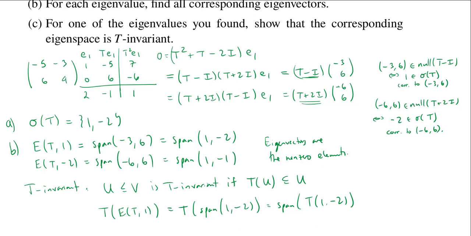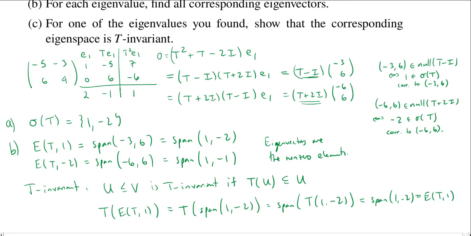And then T is a linear operator, so you can pull multiples out. So you're really just getting the span of this one element. And, well, what is T of (1, negative 2)? Well, remember, (1, negative 2) is an eigenvector for the eigenvalue 1. So T of (1, negative 2) is just equal to (1, negative 2). Well, there we go. This is equal to E of T 1.